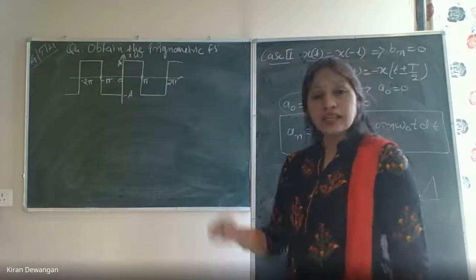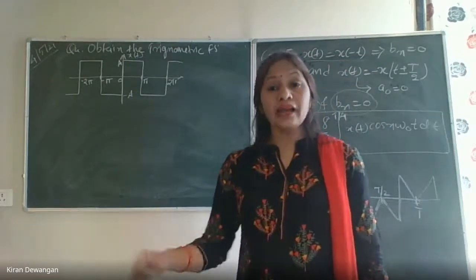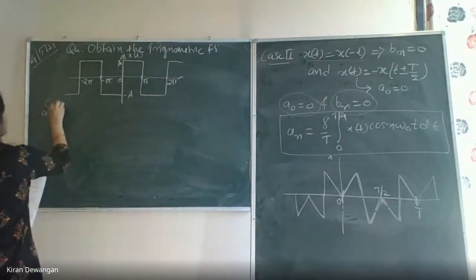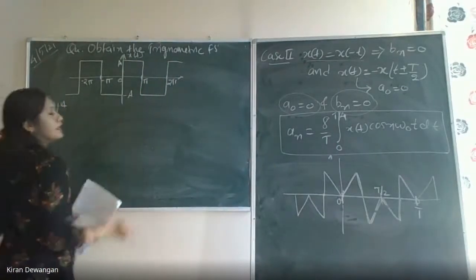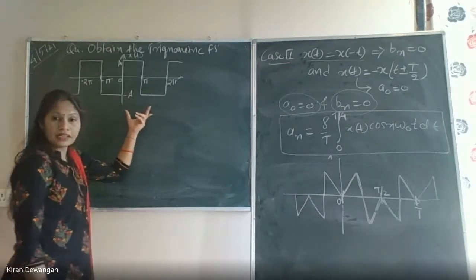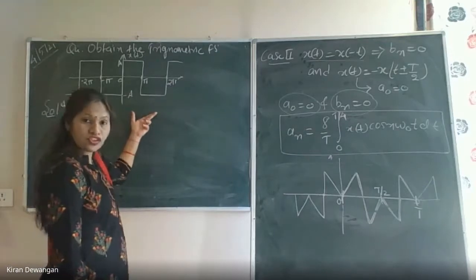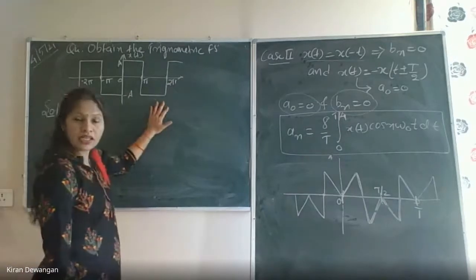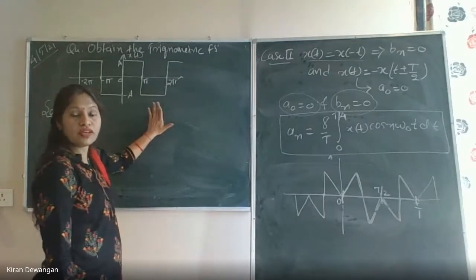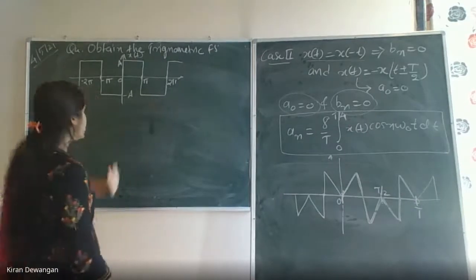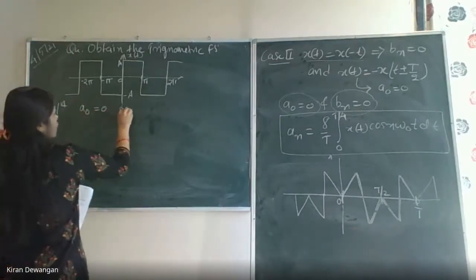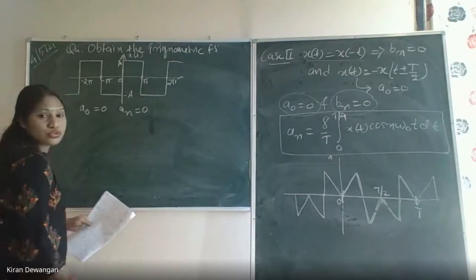So when it is satisfying the condition of odd and half wave symmetry, what do we know about it? Solution. Since it is satisfying the condition of an odd function, that is x of t equals minus of x of minus t, as well as the condition of half wave symmetry, that is x of t equals minus of x of t plus or minus t by 2, in that case we can directly write that its a0 will be 0, and an will also be 0.